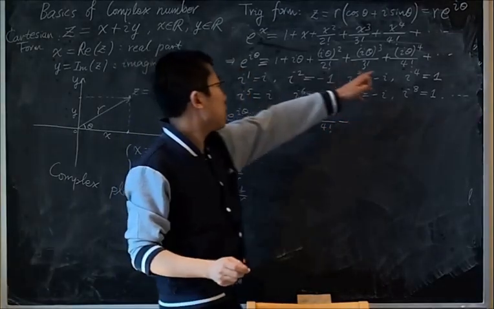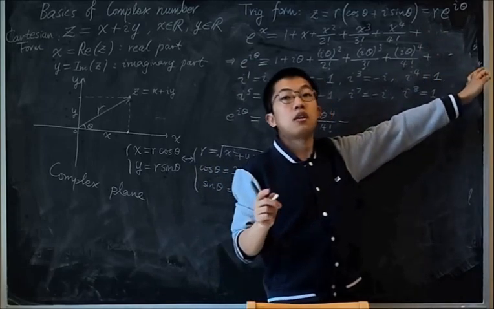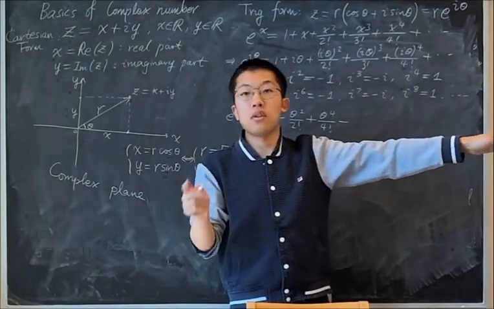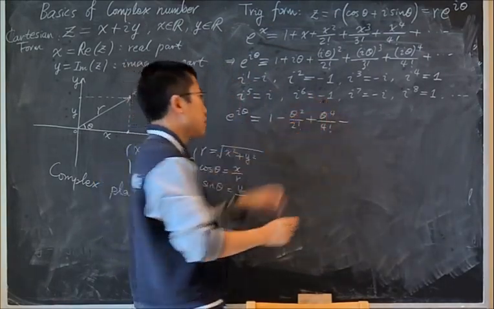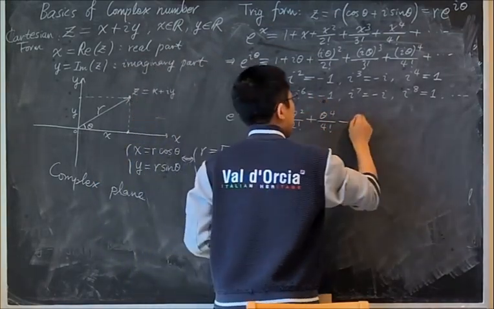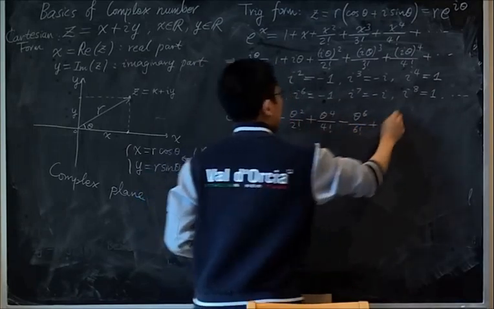Then there's the 6th order term, i to the 6 times theta to the 6, and i to the 6 is negative 1, so negative theta to the 6 divided by factorial 6, and so on, all the way going on.